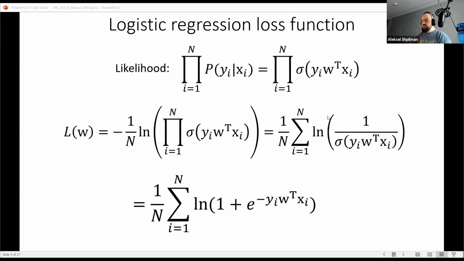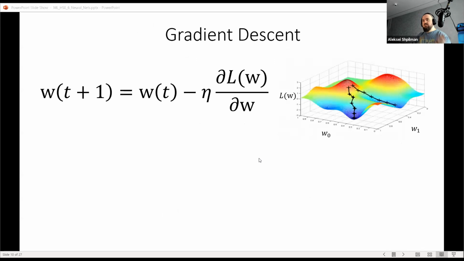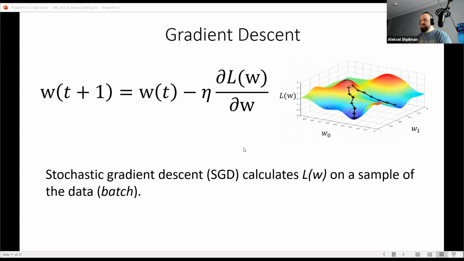So the workaround is stochastic gradient descent, where we calculate a loss function not over all samples, but rather over some subsample. And that subsample of the data that we calculate a loss function on for a gradient descent step is called a batch. So a batch is just a collection of objects, right?